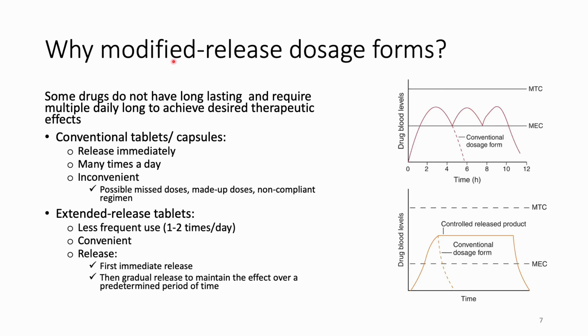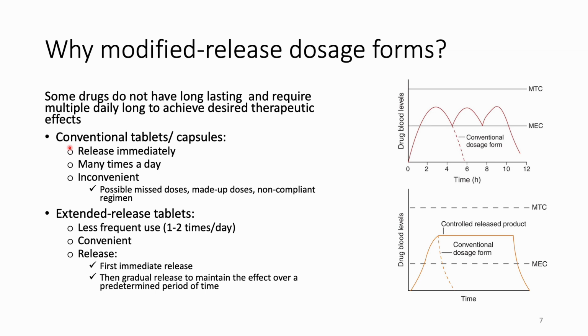Why are modified release dosage forms necessary? Some drugs do not have long-lasting effects and require multiple daily doses to achieve the desired therapeutic effects. Typically, conventional tablets or capsules release the drug immediately. The drug can be released and have fast therapeutic effects.